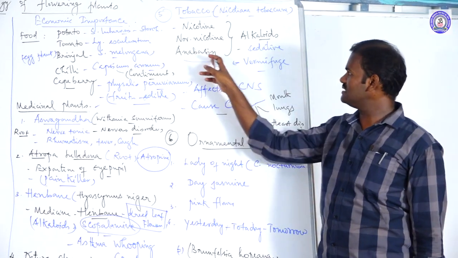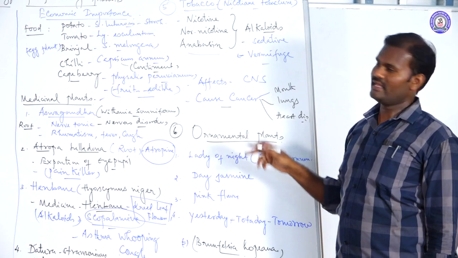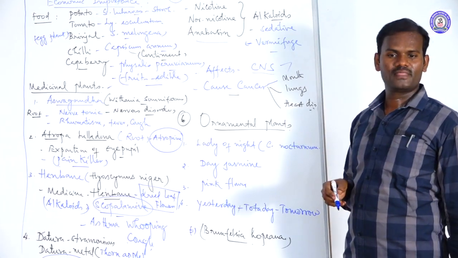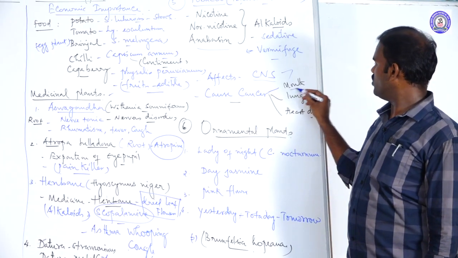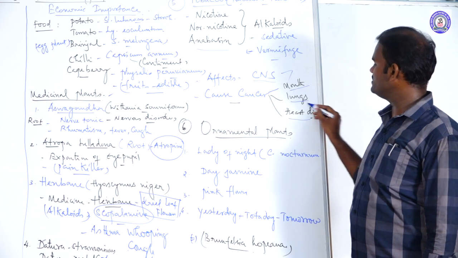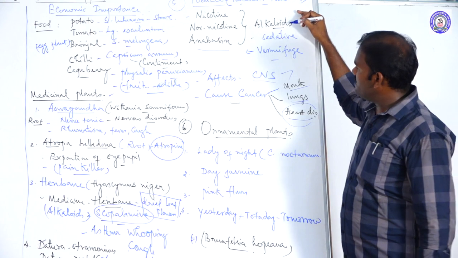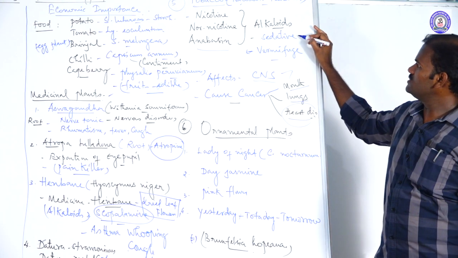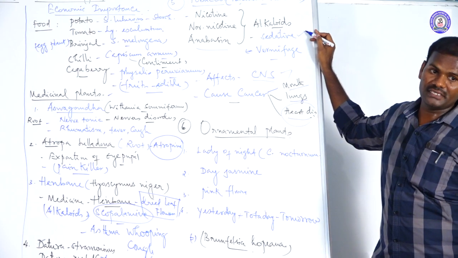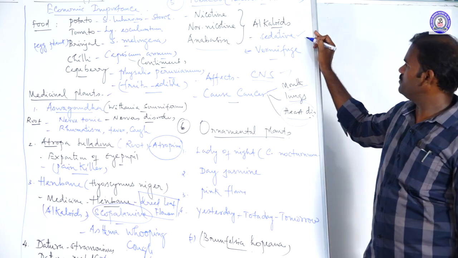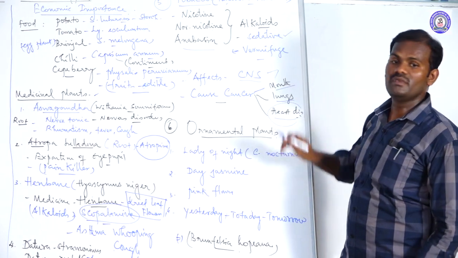But at the same time, it is poisonous. They affect the central nervous system. It causes cancers, mouth cancer, lung cancer, heart disease also. And these alkaloids are especially used as a sedative in patients, and also used as a vermifuge.